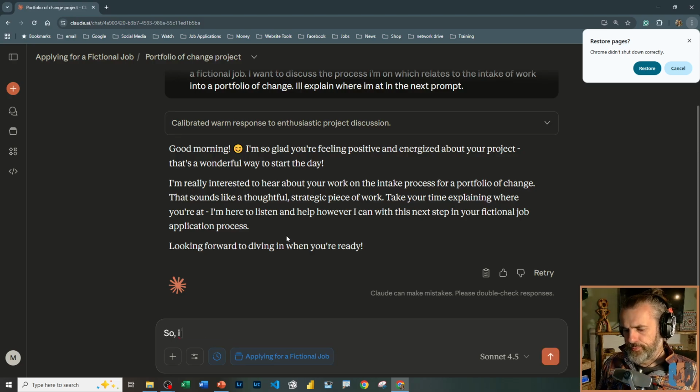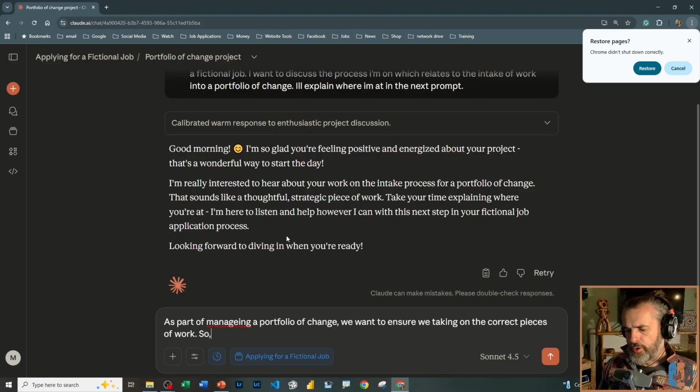So I want to understand, as part of managing a portfolio change, we want to ensure we are taking on the correct pieces of work. So what do we mean by correct?